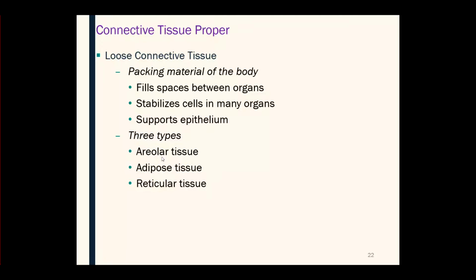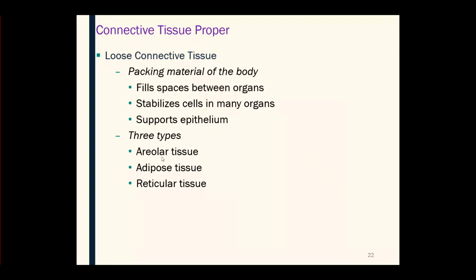Guys, think of the loose connective tissue as the packing material of our body. Kind of like if you got a package at home from UPS or Amazon, and you open up the box and there's the object that you bought, and then you have all those little popcorns or bubbles around the object to protect it. That's what loose connective tissue is in our body, right?